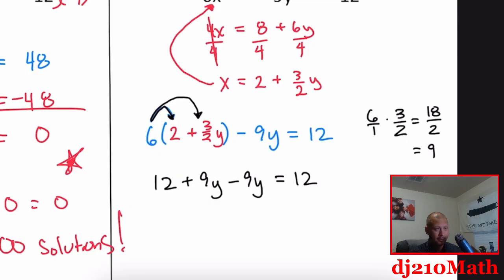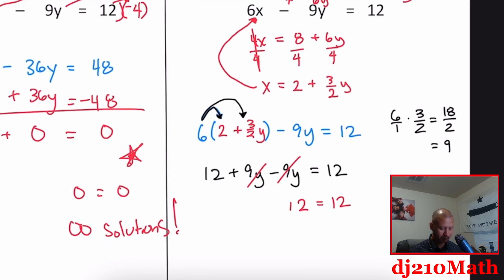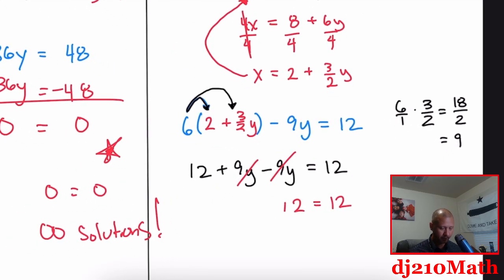Okay, here we have combining like terms. 9y minus 9y, those are going to cancel. So really we're left with 12 equals 12. Okay, if we want to stay consistent with the notes, for the elimination method, we ran into a situation where 0 is equal to 0.